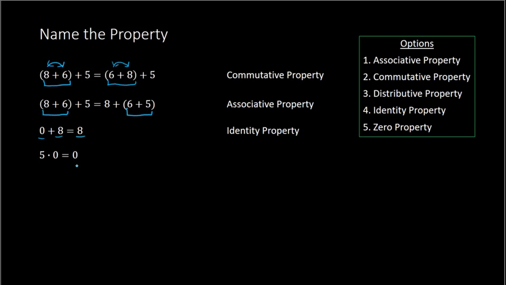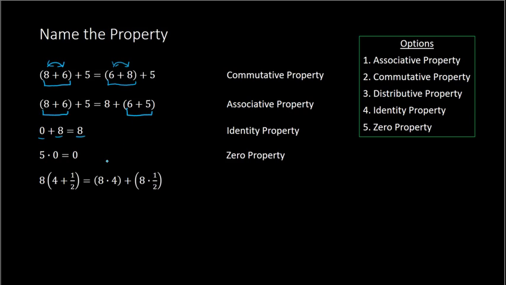Next one, we have 5 times 0 equals 0. This one is number 5, our 0 property, because that property says anything times 0 will equal 0. Next one, we have 8 times (4 plus 1/2) equals 8 times 4 plus 8 times 1/2.